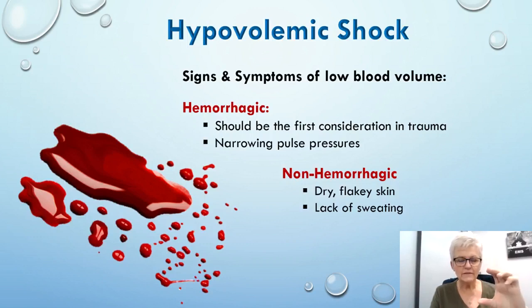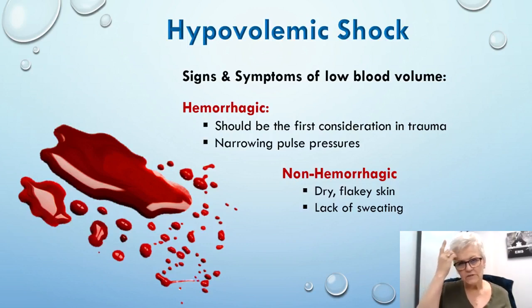The next time I take it, they're only 34 millimeters of mercury apart. I'm starting to see that get closer. That is only seen in hypovolemia. So that's a really good indicator if we're looking at a type of shock and we notice that trend.